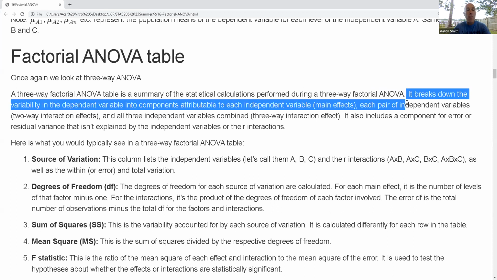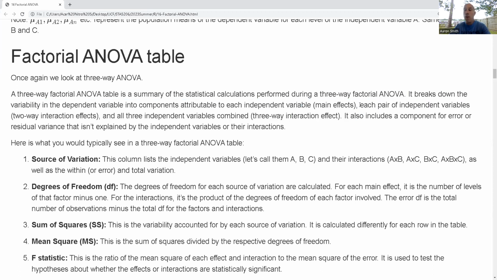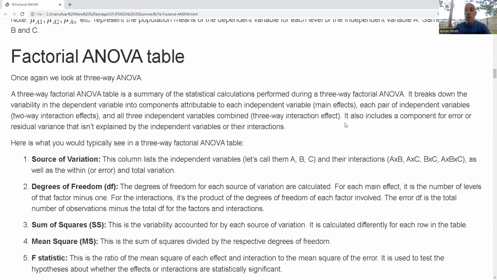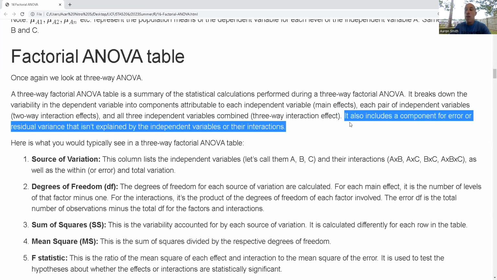It breaks down the variability in the dependent variable into components attributable to each independent variable, the main effects, each pair of independent variables, the two-way interaction effects, and all three independent variables combined, the three-way interaction effect. It also includes a component for error or residual variance that isn't explained by the independent variables or the interactions.